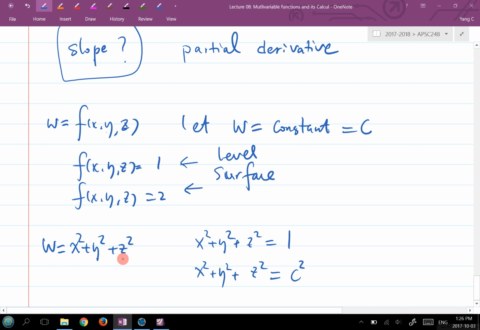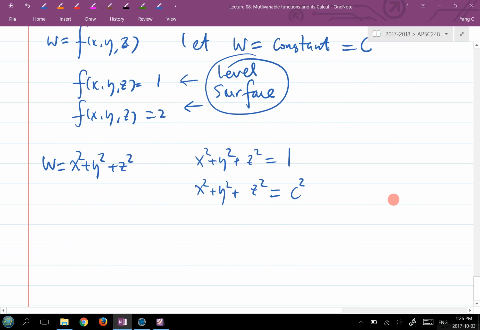That's how you can visualize it. It's not a concrete object, but it gives you some idea of what it is. So that's for functions of three variables. We use the so-called level surface to help us better understand what this function really can be described as.